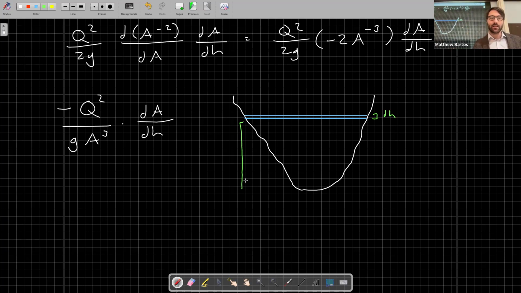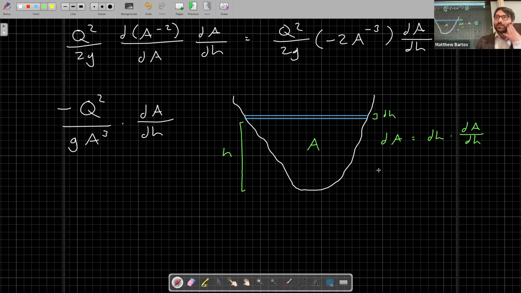We want to know what is the change in area for a given infinitesimal change in the depth dH. So the change in area will be equal to dH times dA by dH.